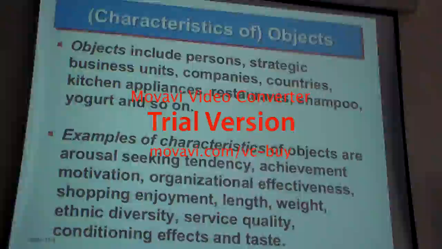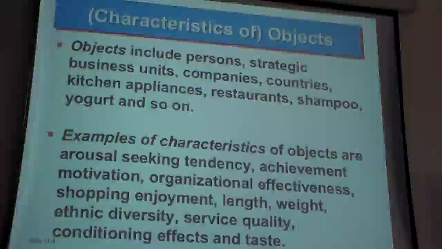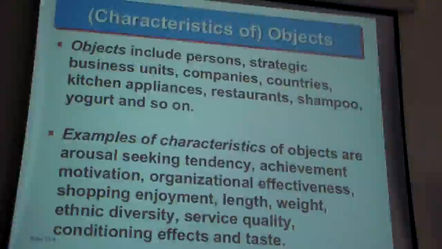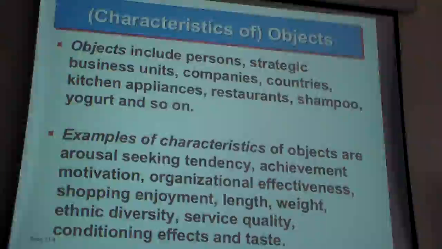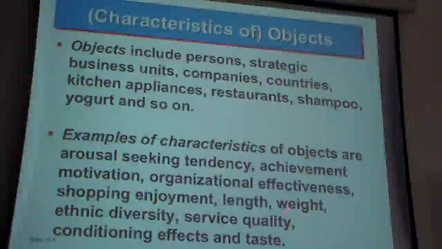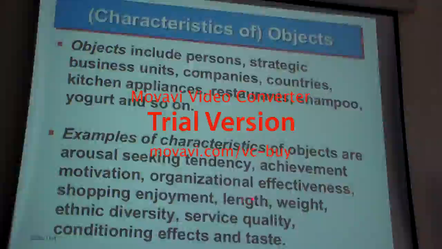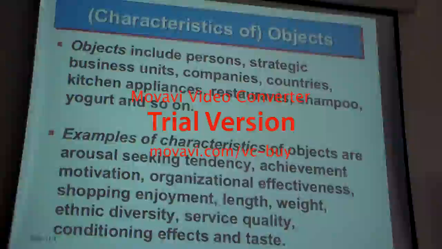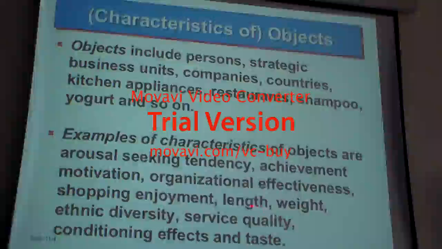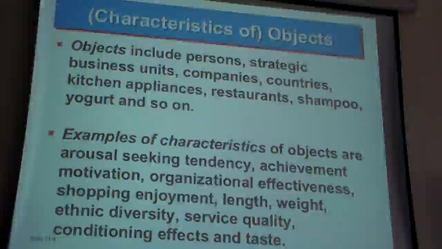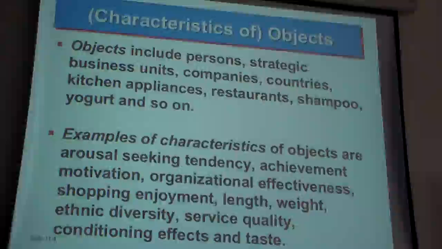So these are just examples of characteristics of objects, to clarify what we mean by object and characteristics. Now, if you look at these characteristics, you can understand how we give numbers or symbols to them. For example, the length of the person is, for example, 170. So you assign a number to the characteristic.